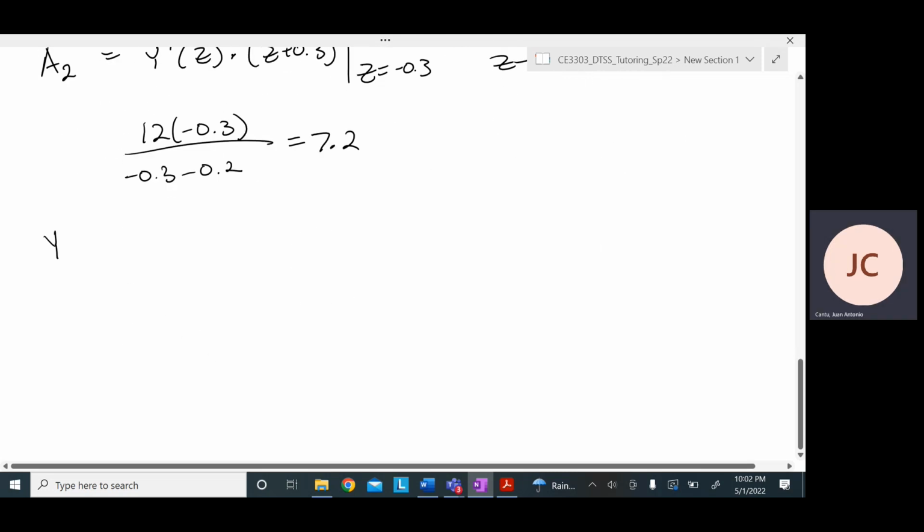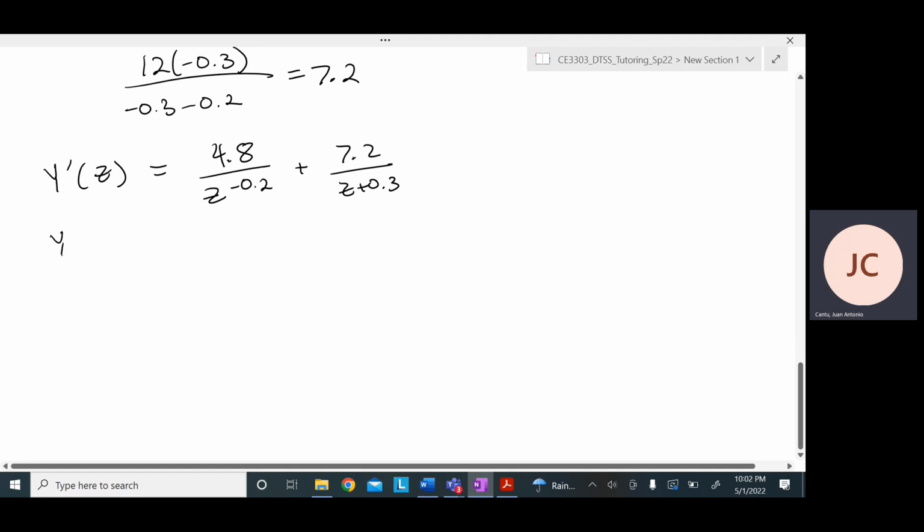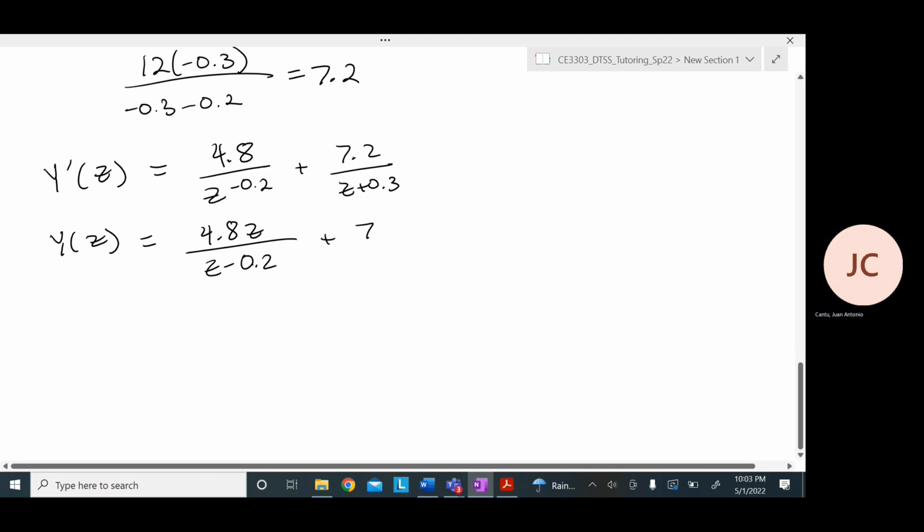So now we've got Y prime of z is equal to 4.8 over z minus 0.2 plus 7.2 over z plus 0.3. Okay, so then Y of z is equal to 4.8z, remember, just multiplying z all the way through, over z minus 0.2, plus 7.2z over z plus 0.3.